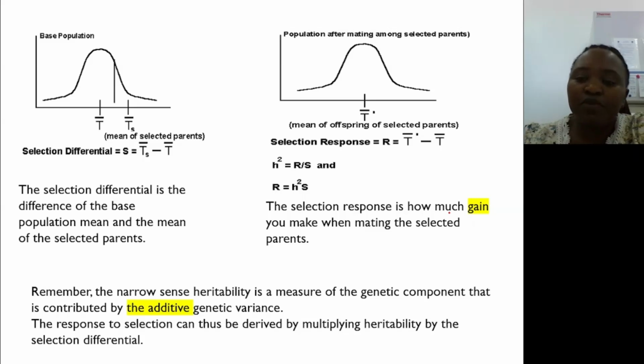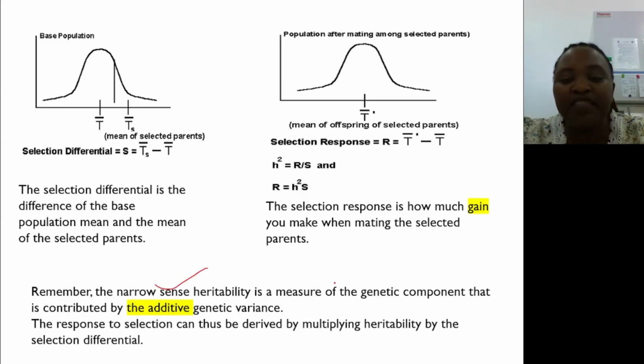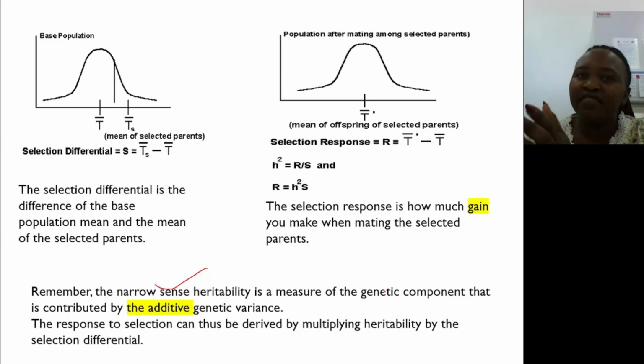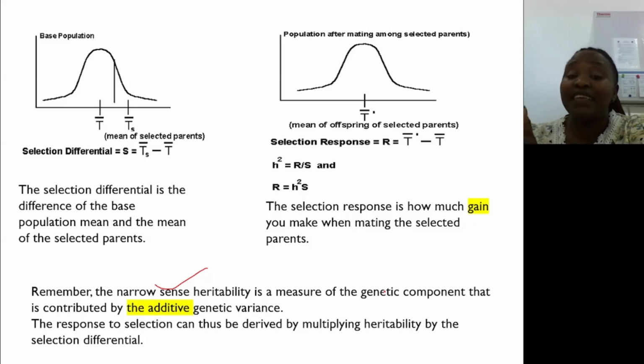The selection response is how much gain you make when you mate the selected parents. And remember, narrow sense heritability is a measure of the genetic component contributed by the additive genetic variance. We are looking at additive genetic variance because we are looking at gain.